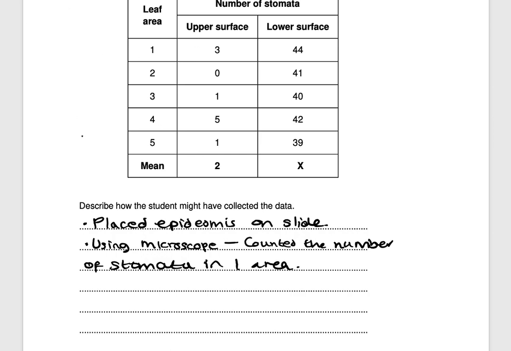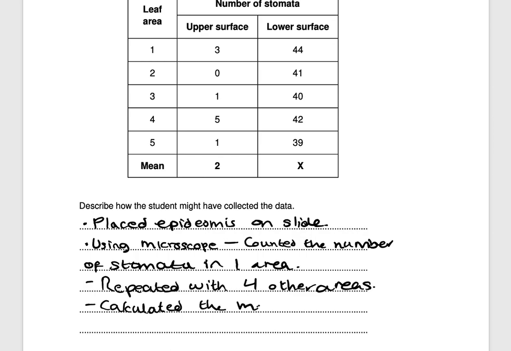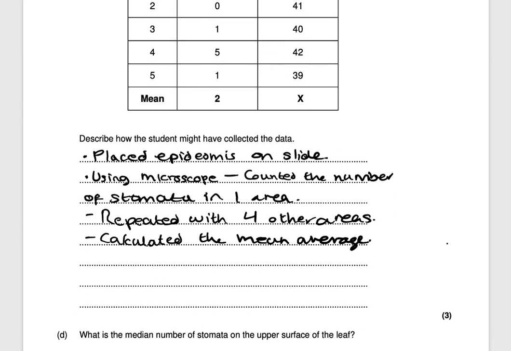As you can see, there are 5 areas on the leaf, so he's repeated with 4 other areas, and as you can see, he has calculated the mean average. Okay, and I've given you 4 points there, but you only need 3 to get the 3 marks.